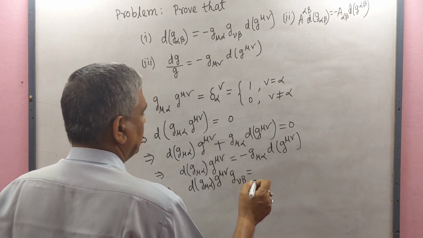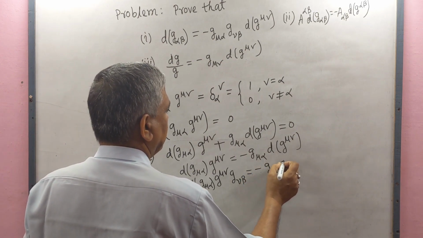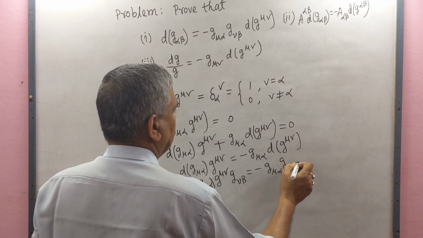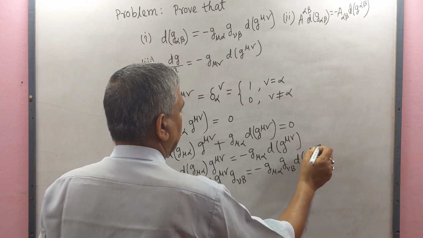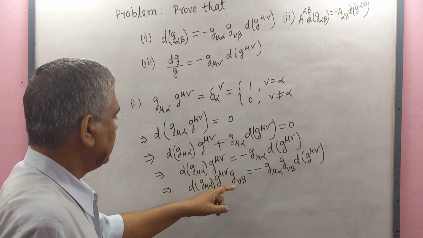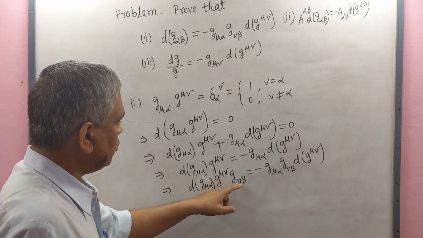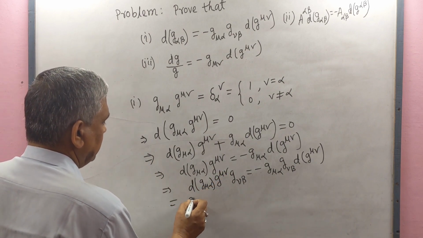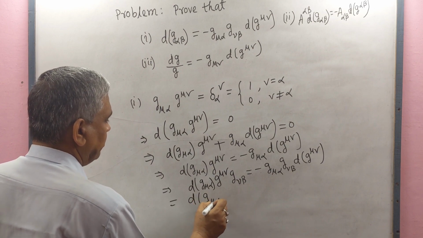This side also minus g^mu alpha g^nu beta d g_mu nu. Here we see that nu is common, so this will give the result d g^mu alpha.